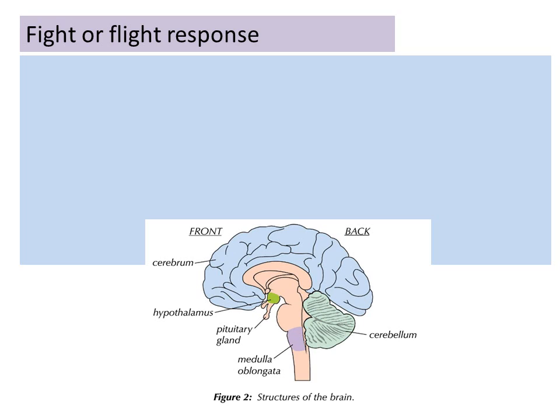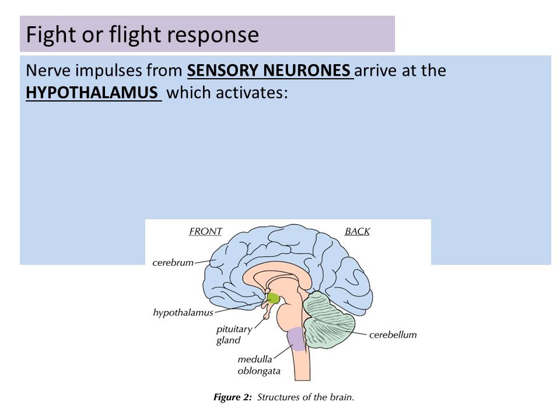When you're in a normal situation, you will be sensing all the signals around you, so you might find yourself in a situation which you perceive as being dangerous. Those impulses, for example from the eyes, will arrive at the hypothalamus, and this is then going to activate two areas of the brain, which will coordinate the fight or flight response.